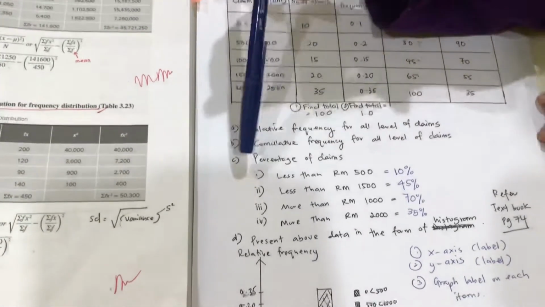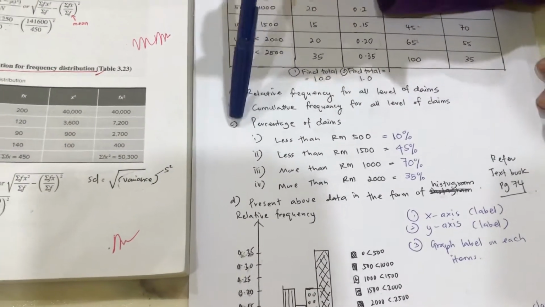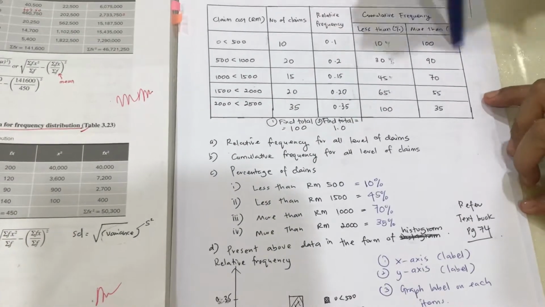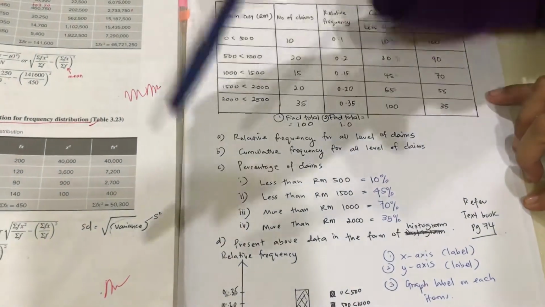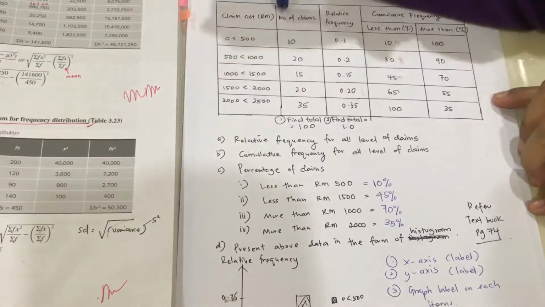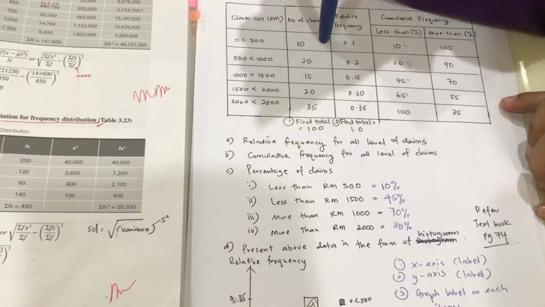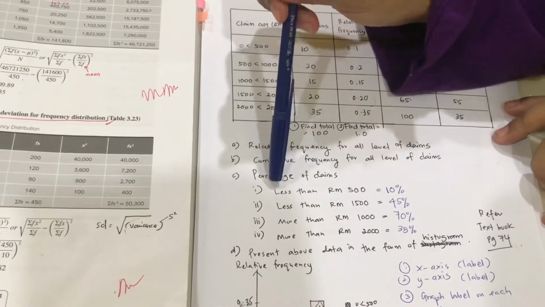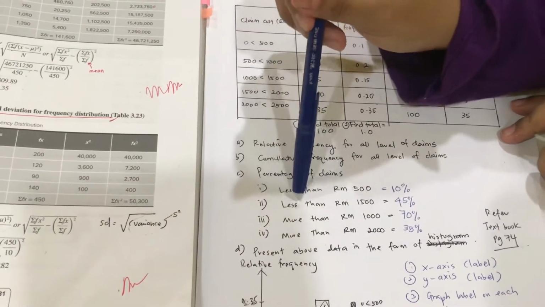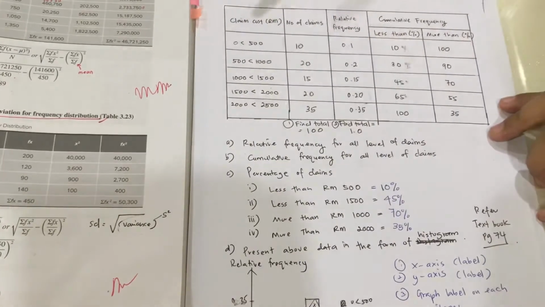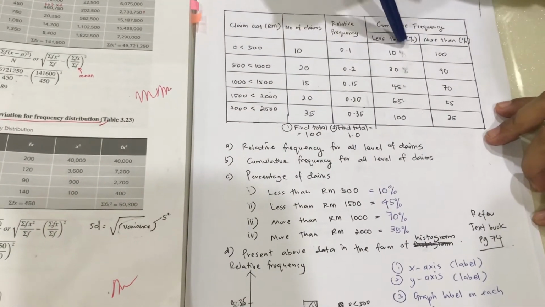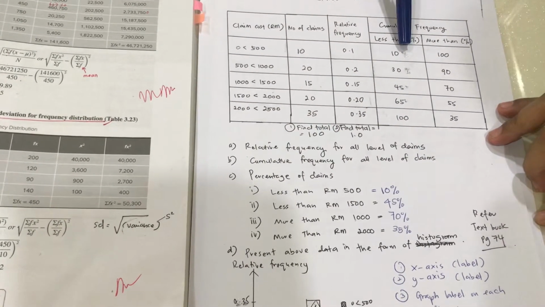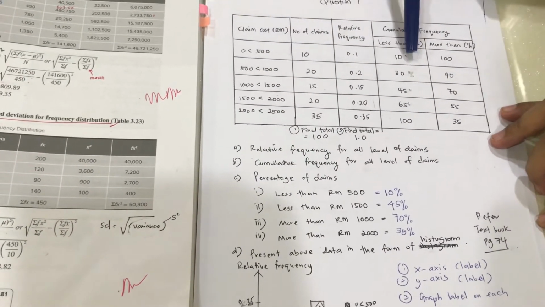The third one, question C, is the percentage of claims. Once you are done constructing the tables, you must be able to read the information from the table. First, what is the percentage of claims that is less than 500? Referring to your table, in the less than column, less than 500 is 10%.